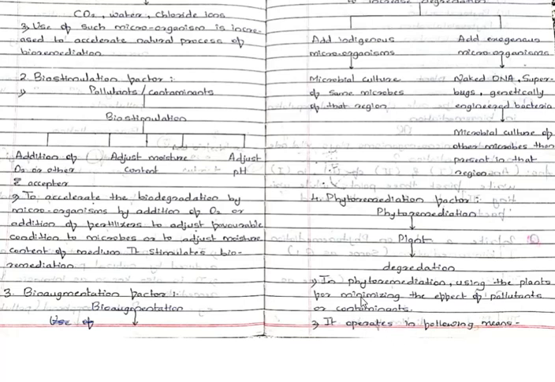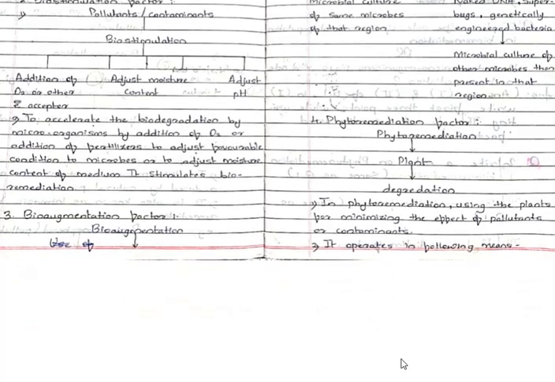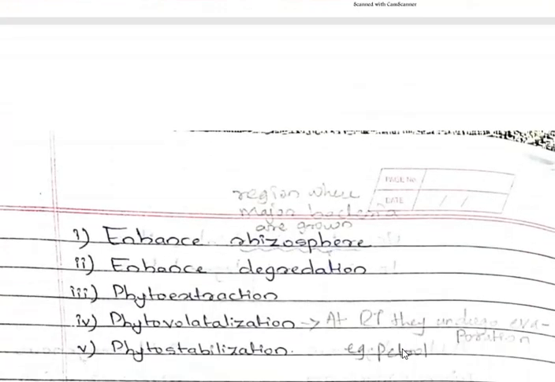Phytoremediation operates by different processes. First, there is enhanced rhizosphere, the region where the majority of bacteria grow, so these regions will increase. Then it also enhances degradation, that means the degradation process is enhanced by using different plants.